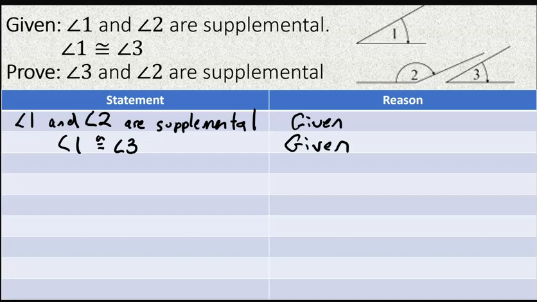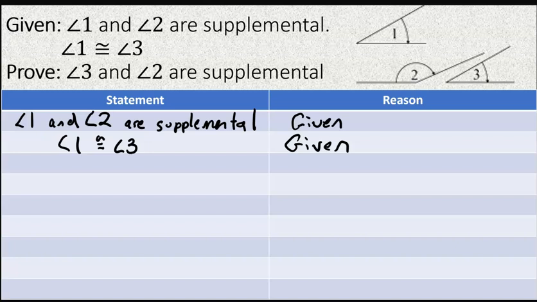Okay, now what I'm going to do is come up with a strategy to get to my point. Well, the given is telling me that angle 1 and angle 2 are supplemental. That means when combined or added together, those 2 angles will equal 180. I could also make the statement that angle 1 is congruent to angle 3.